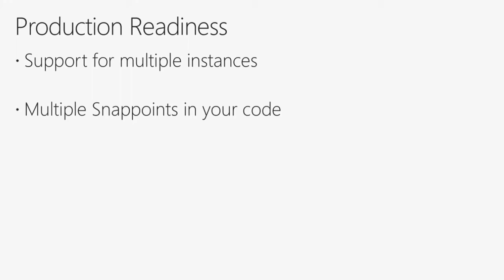So if you have multiple snap points throughout a specific function and they're all turned on at once, we'll make sure all of those snap points capture data based on the same end user accessing your site. And we take care of all of the work to make sure that the snap points are correlated and they reflect the relevant data that actually makes sense from a transition from one line to another line to another line.